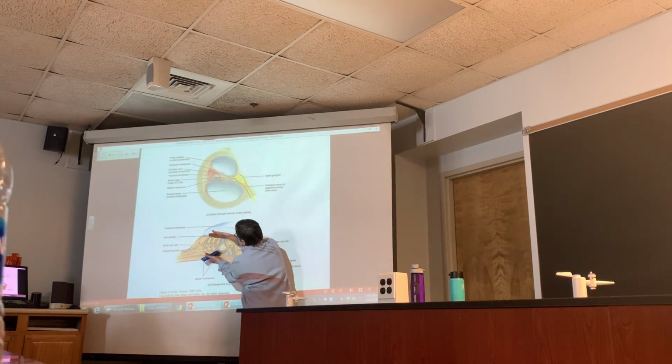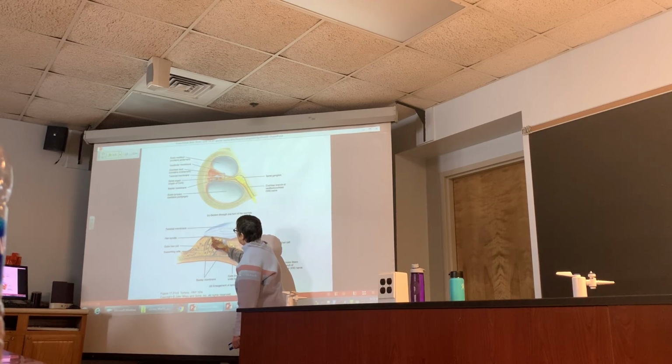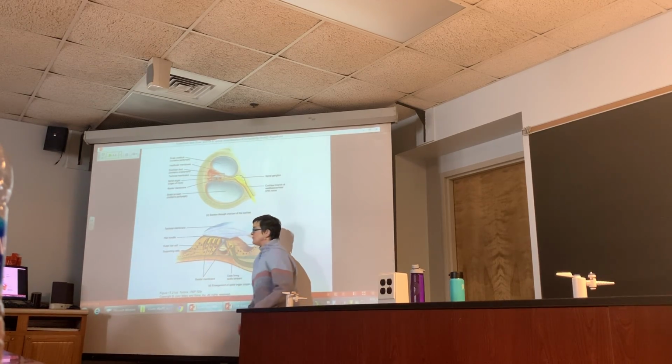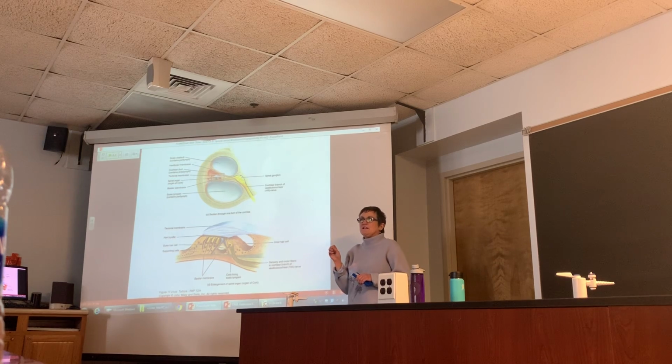And sandwiched in between are some other cells we're not going to worry about, but there's hair cells. And these hair cells have tiny little hair bundles, which are what are called stereocilia. Stereocilia are like cilia, but they're not the kind of cilia that wave like you have in your windpipe. They do move, but they're moving in response to vibration.